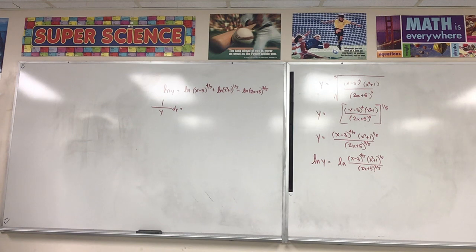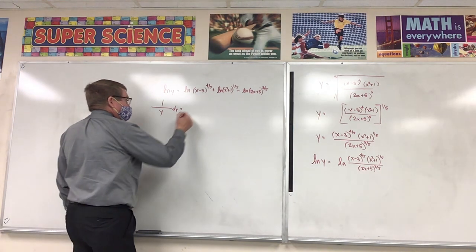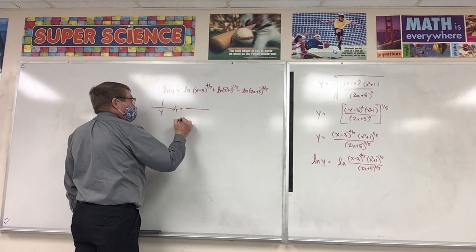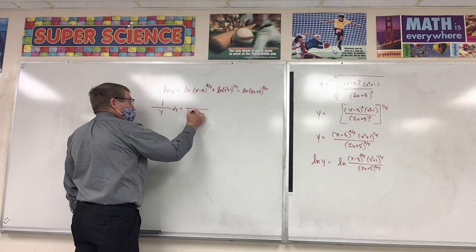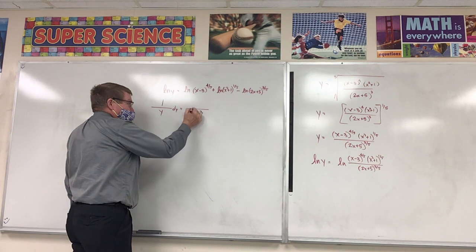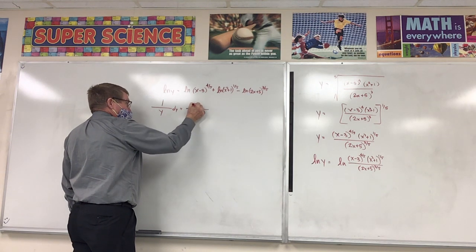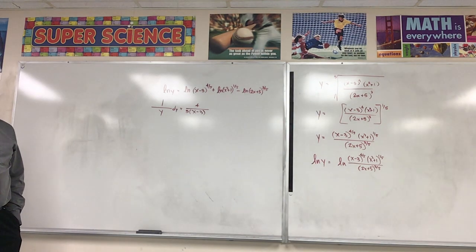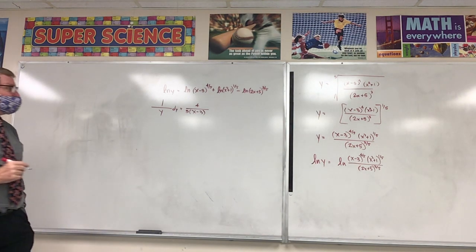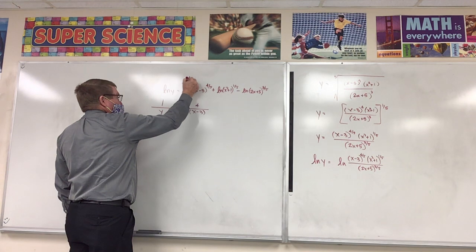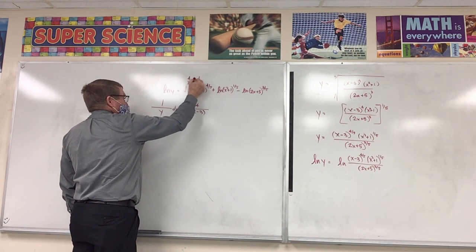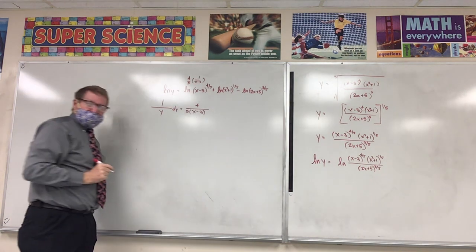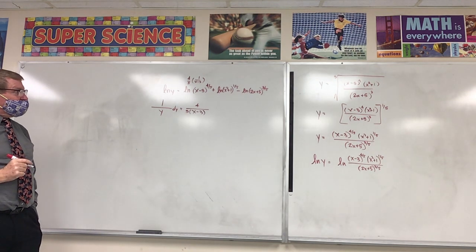Now take the derivative of the logarithm of x minus 3, which would be 1 over x minus 3, times the 4/5. Correct?